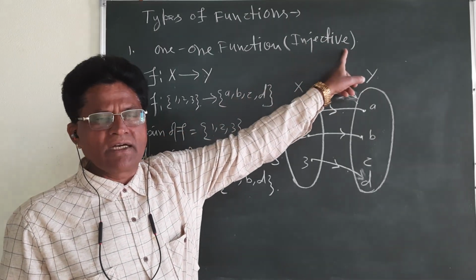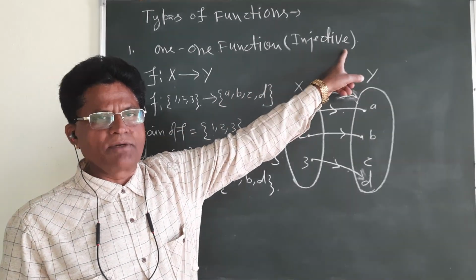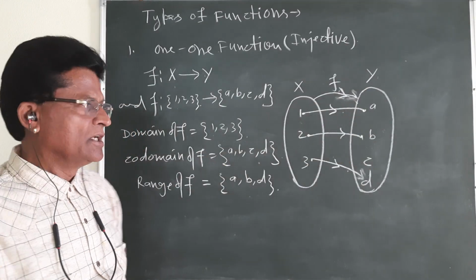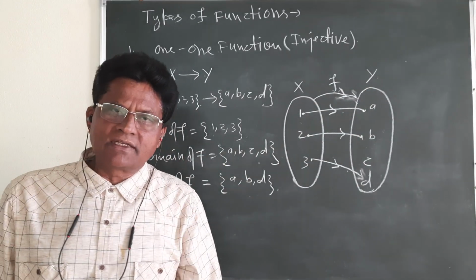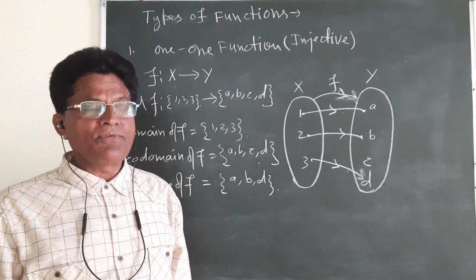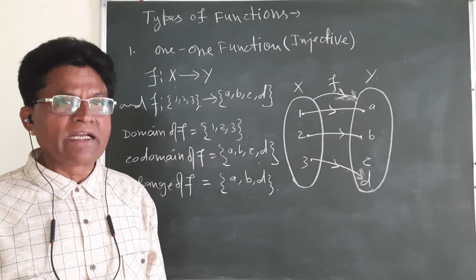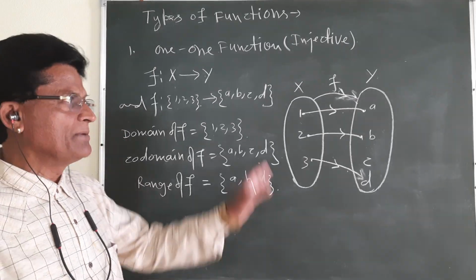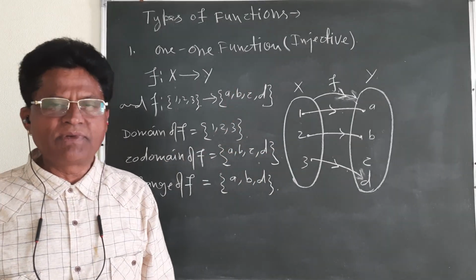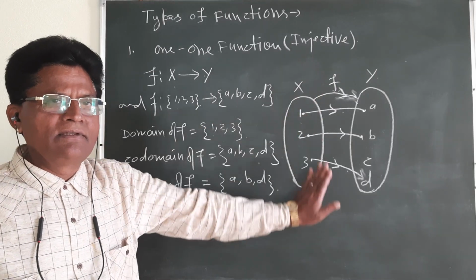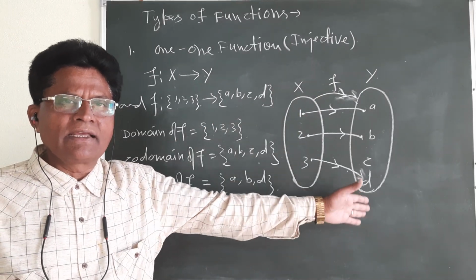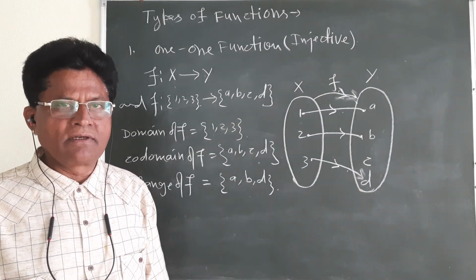Generally, these words are asked in the CBSE examination. Injective function is one-one; surjective function is onto function. And whenever the function is one-one and onto, that will be a bijective function. Sometimes a question may be given in the examination: prove that in this question, the function is a bijective function.